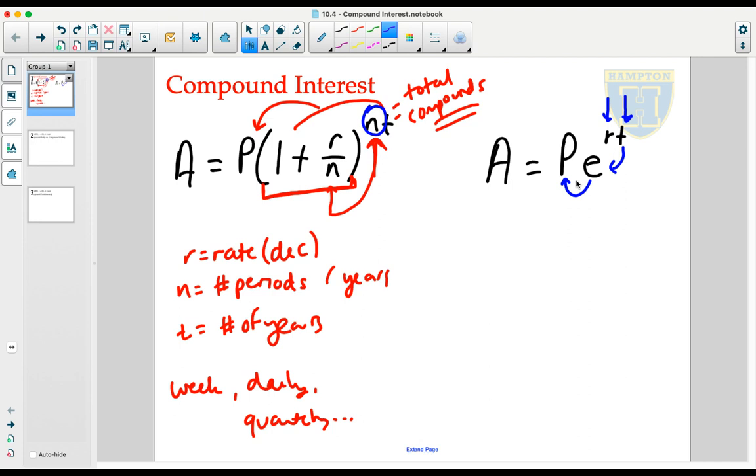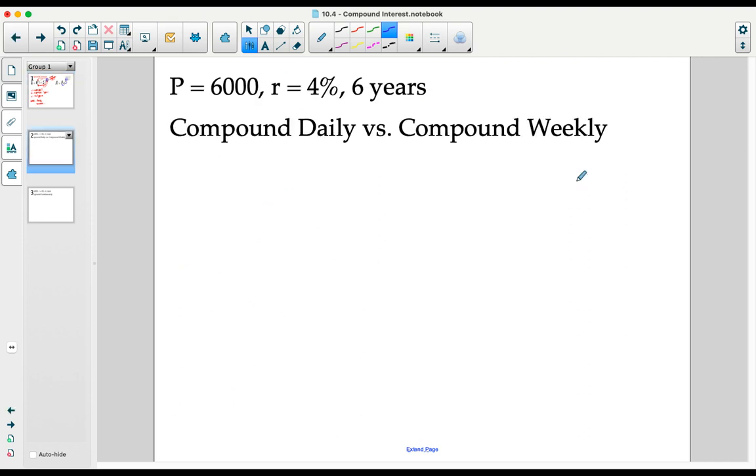So let's try a few of these. Let's look at this example where we have a principal of $6,000, a rate of 4%. We're going to do this over a 6-year period. Let's begin by comparing daily compounding with weekly compounding. So let's start with the daily compounding.